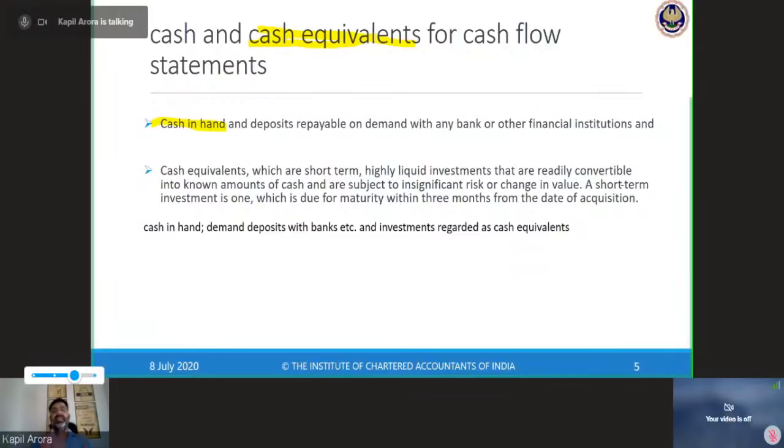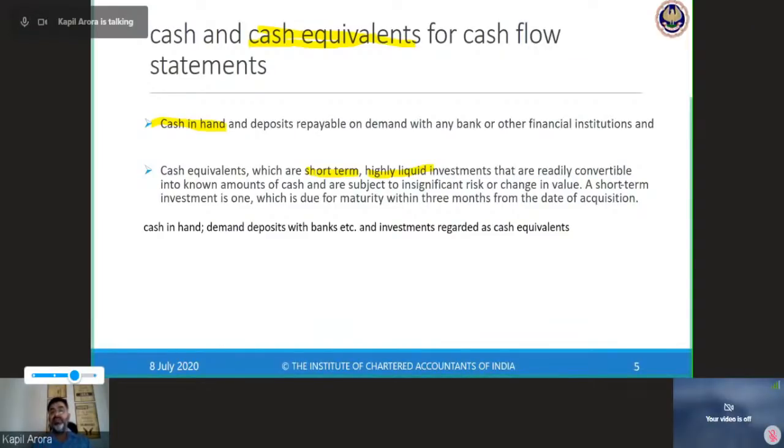So cash equivalents are very, very liquid investments, which we call highly liquid investments, which are very short term. Short term means readily convertible into cash. For example, let's say I have done a small deposit for some time with the bank when I was having some money with me.